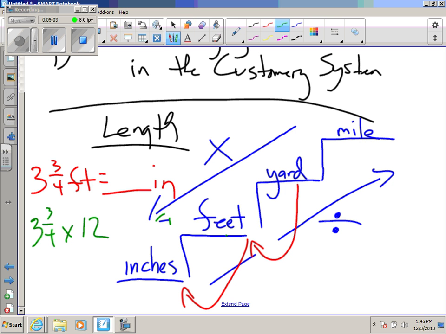Looks like we've got to put everything in what form? So 12 plus 3, 15, over 4, times 12, over 1. All this stuff that we've been working on. 3, 1, 15 times 3, 45 over 1 is 45 inches.